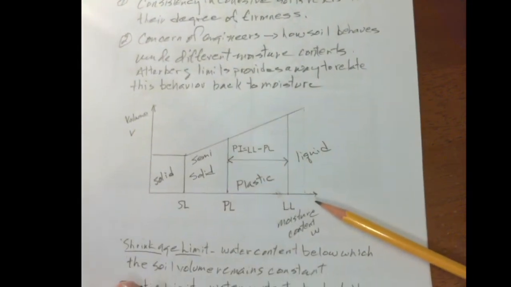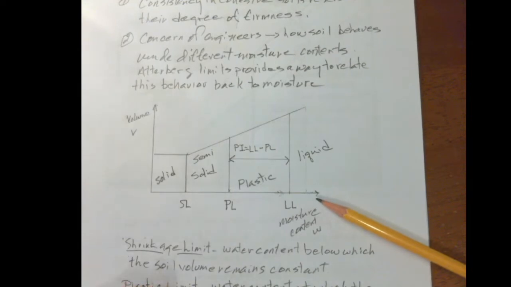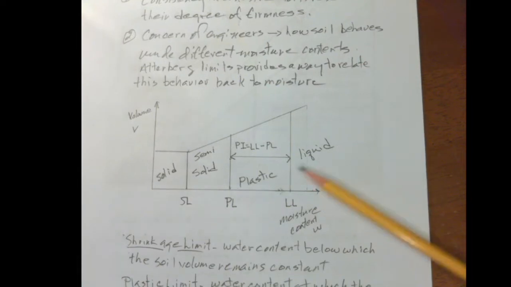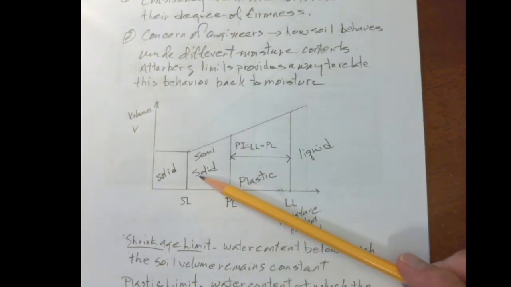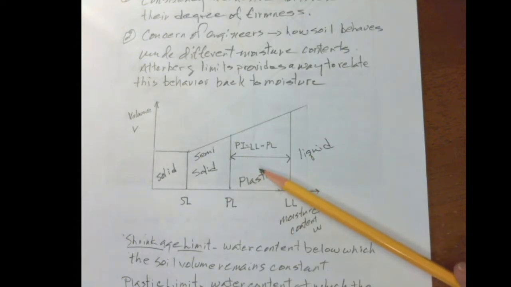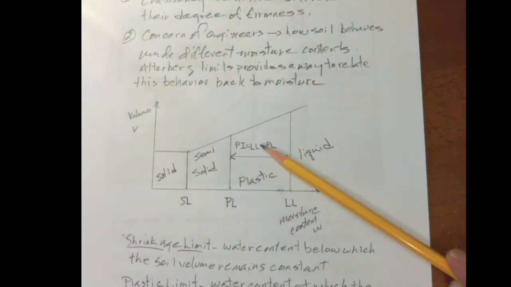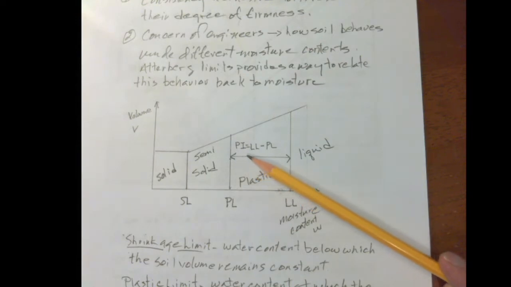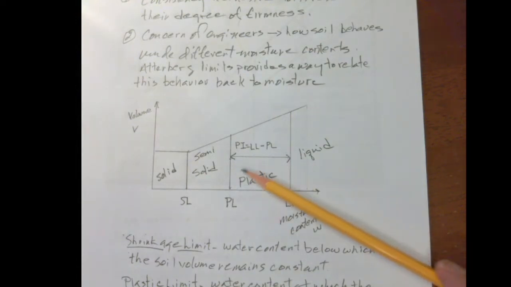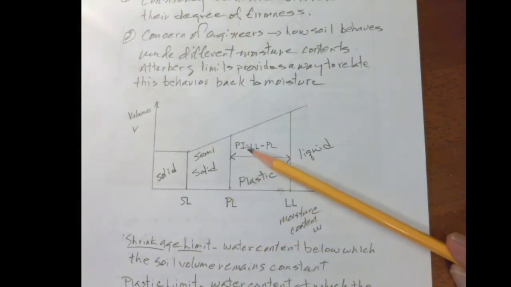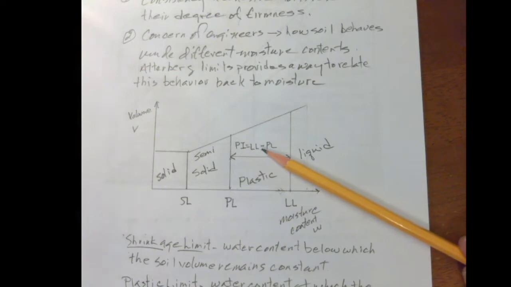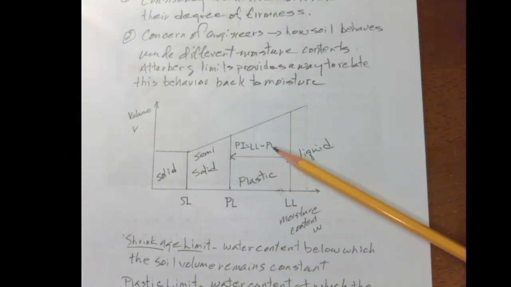I think you'll find this little chart in your textbook, but it's just showing you on this horizontal axis the transition from solid to semi-solid to plastic, and then this difference right here gives you your plasticity index, the PI here, the liquid limit minus the plastic limit.